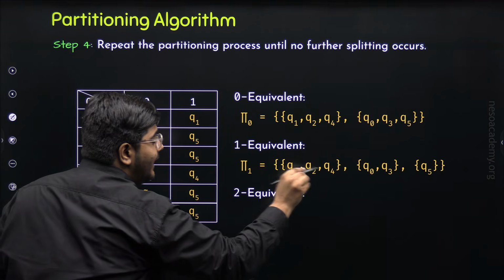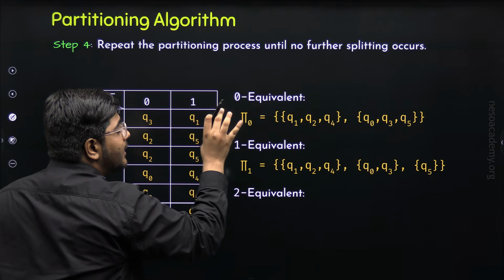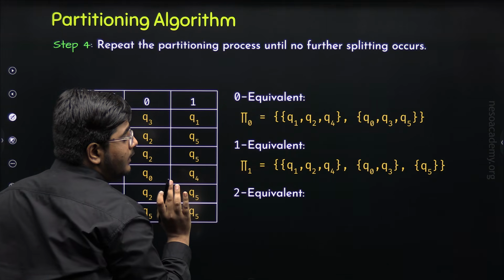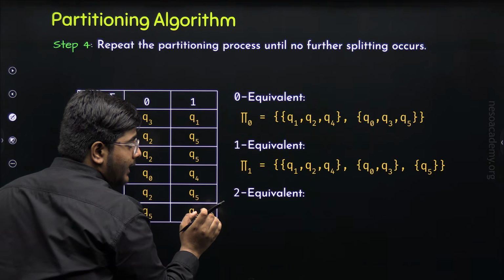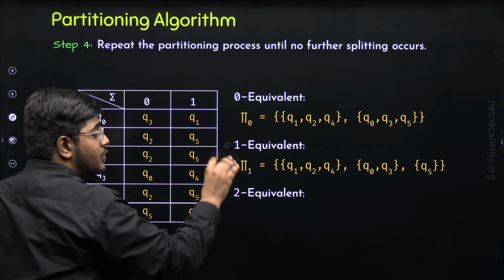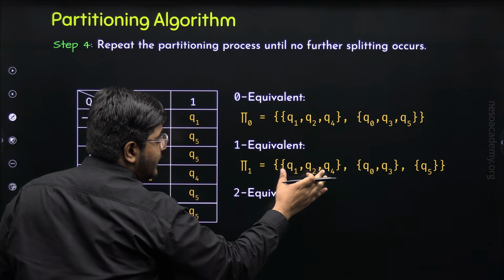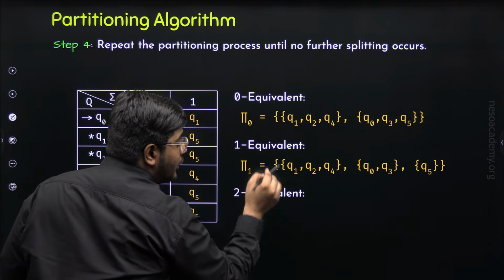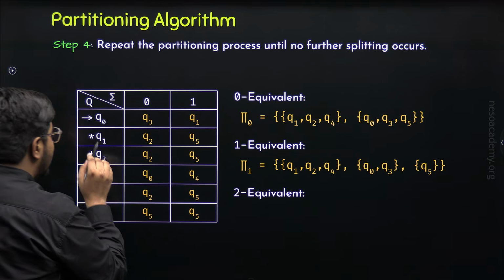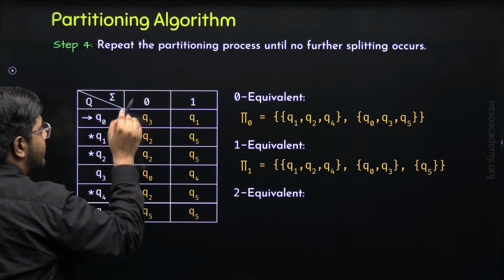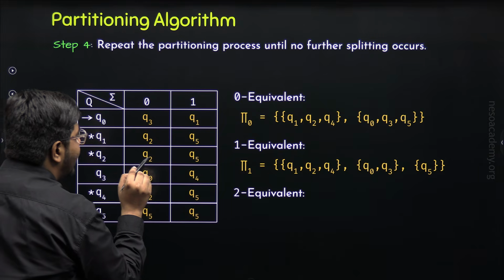While calculating 1 equivalent, we have considered the partitions of 0 equivalent. While calculating the 2 equivalent, we will consider the partitions of 1 equivalent. So let's start with this partition and take our states Q1, Q2. Q1 and Q2 on input symbol 0 give Q2 and Q2.